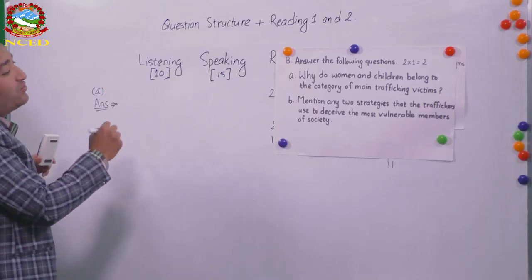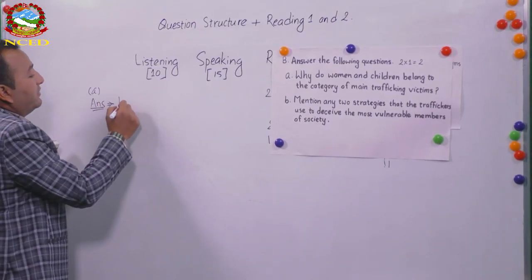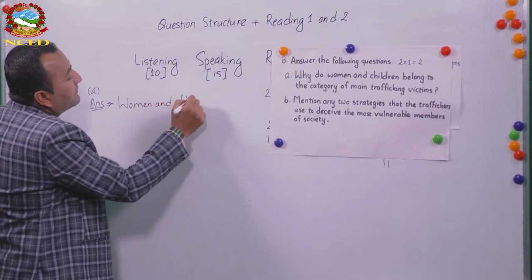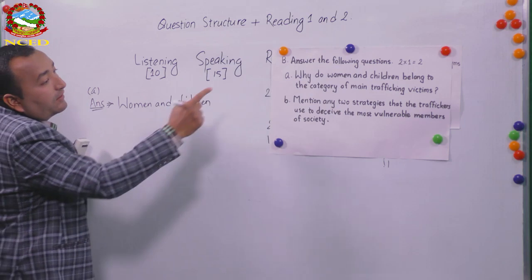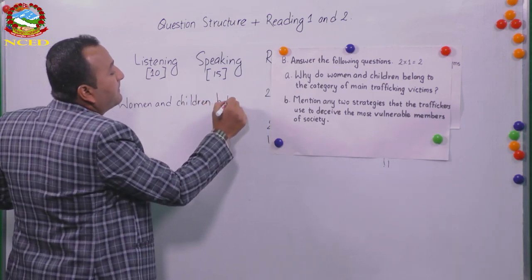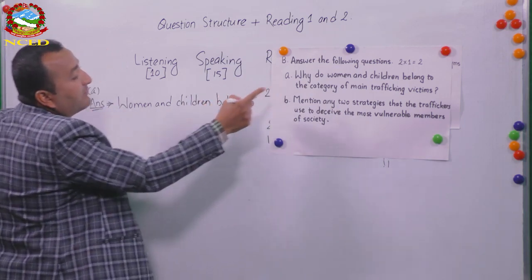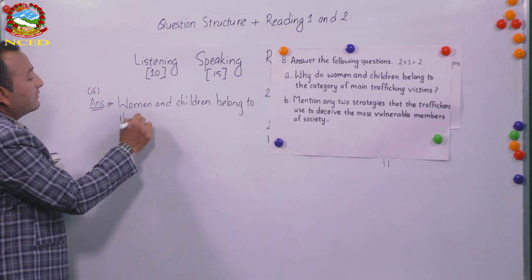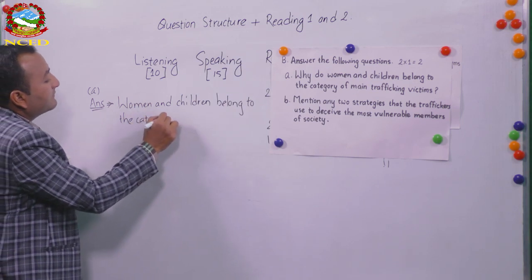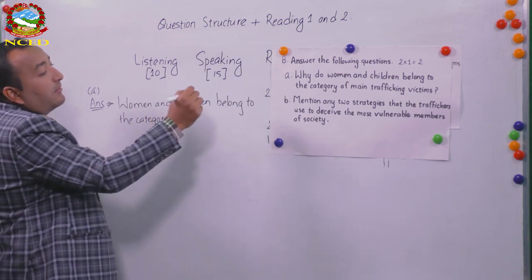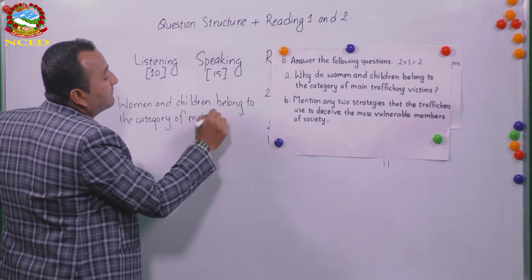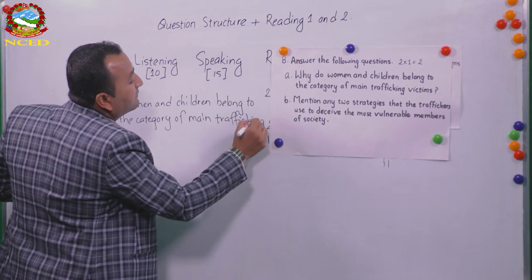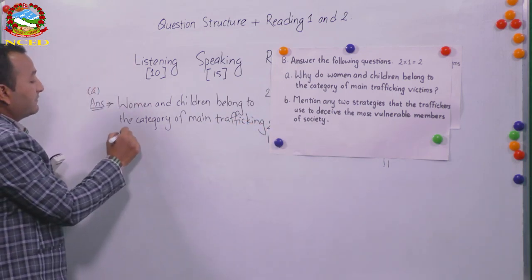Answer: why do women and children, you can write they also, belong to the category of main trafficking victims?